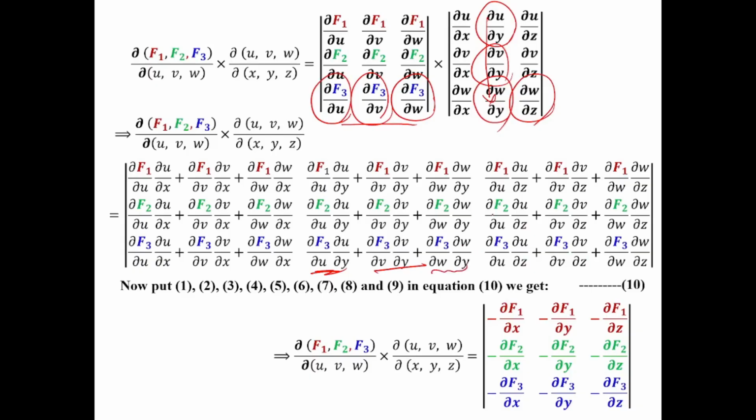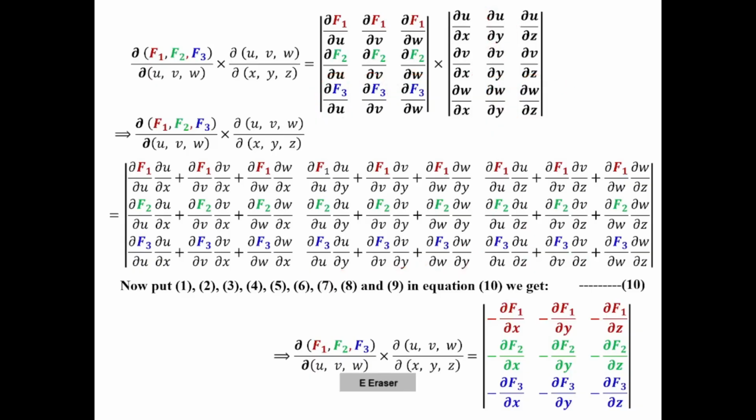Then the third row, third column, that means del f3 by del u into del u by del z, del f3 by del v into del v by del z, del f3 by del w into del w by del z.